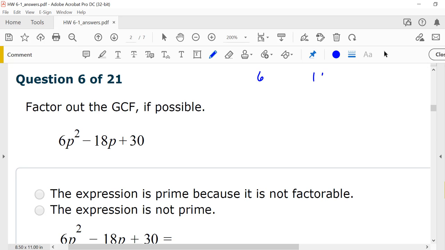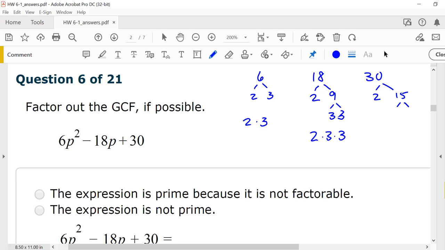Okay, with 6, 18, and 30. 6 is 2 times 3. 18 is 2 times 9, which is going to be 2 times 3 times 3. 30 is 2 times 15. 15 is 3 times 5. So I get 2 times 3 times 5.